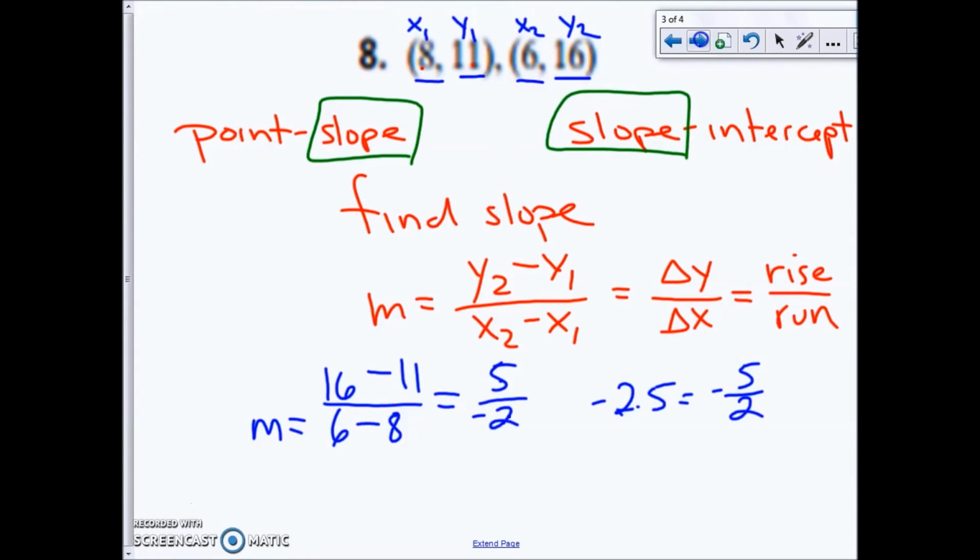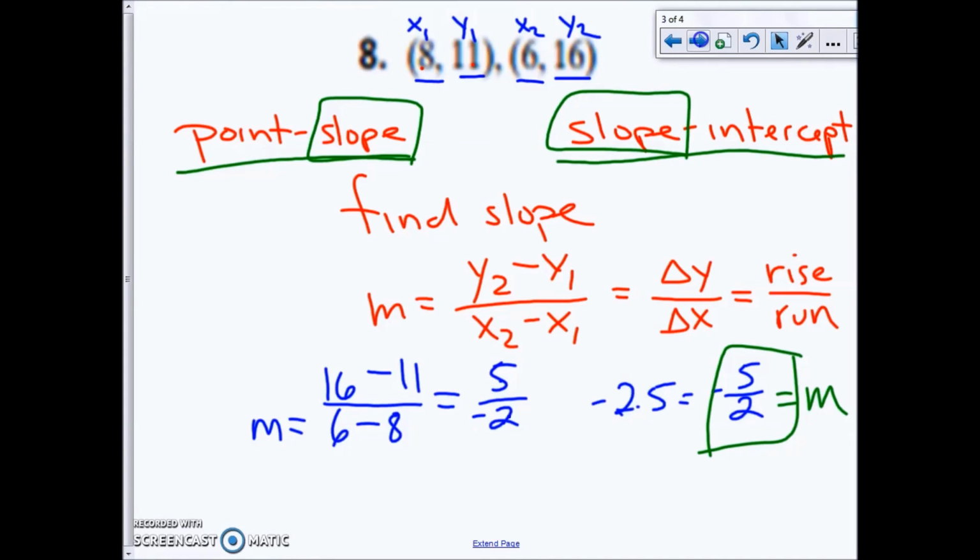I'm okay either way. But now what are we going to do? How are we going to write the equation of a line? Well, we have two options. We can use point slope form, or we can use slope intercept form. Now that we have found our slope, our m value, we have a choice. We can use point slope, and well, what are you going to say, Mr. F? How do I have a point? All we did was find slope.